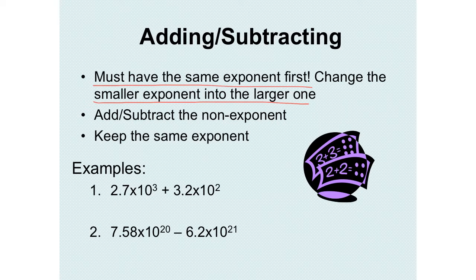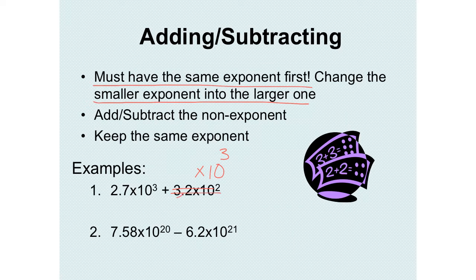So what I mean by that is we have 2.7 times 10 to the third, 3.2 times 10 to the second. So what you're going to do is you're going to change the smaller into the larger. So we're going to change that into 10 to the third. But we also have to adjust the coefficient because if I just up that to 10 to the third, I'm going to be increasing it by a factor of 10.